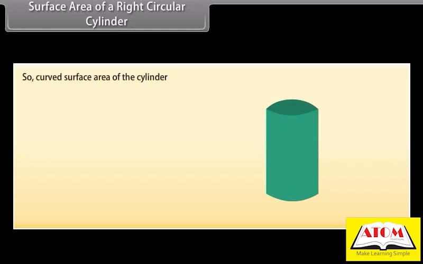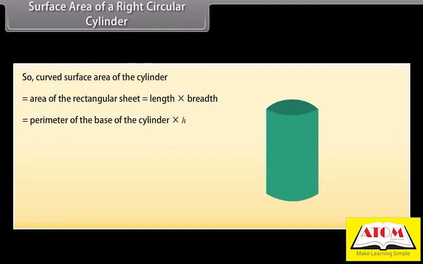So, the curved surface area of the cylinder is equal to the area of the rectangular sheet, which is length into breadth, equal to the perimeter of the base of the cylinder into h, which equals 2 pi r into h. Therefore, curved surface area of a cylinder is equal to 2 pi rh.